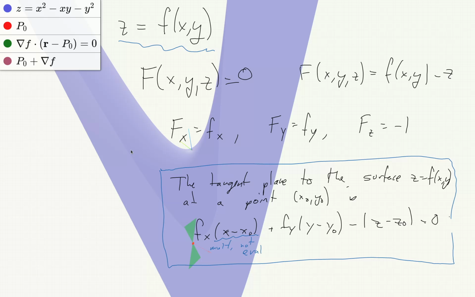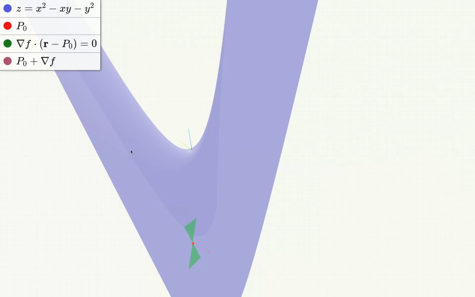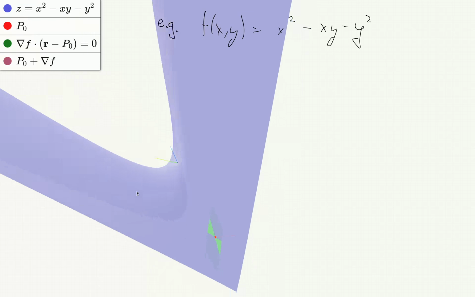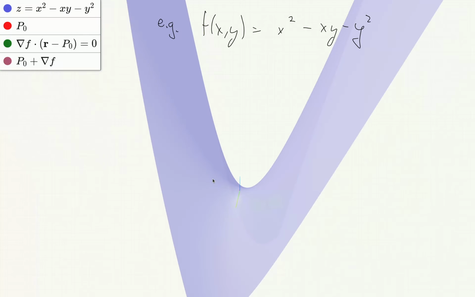Okay, so let's do an example. In the example I've graphed here, f of x, y is x squared minus xy minus y squared.